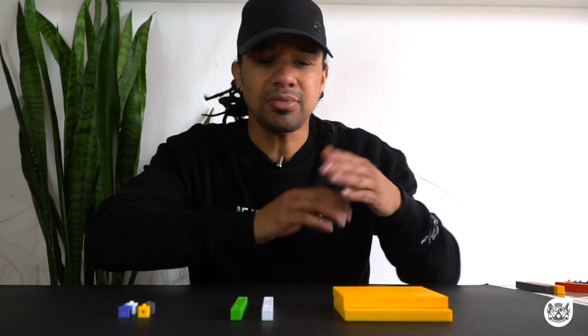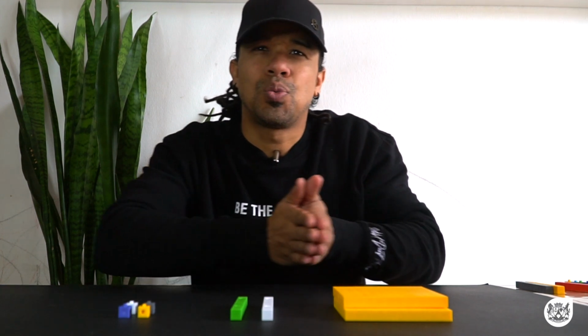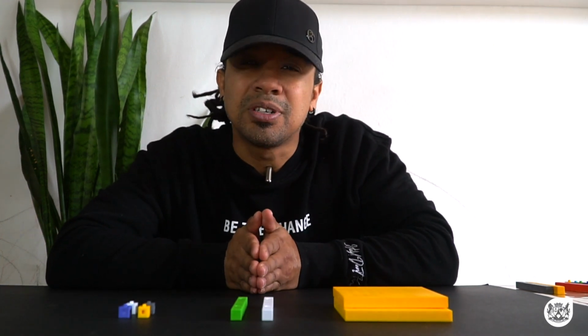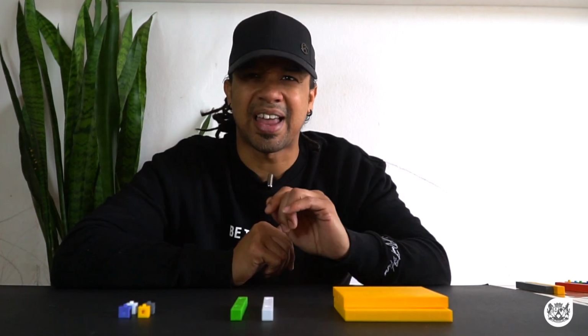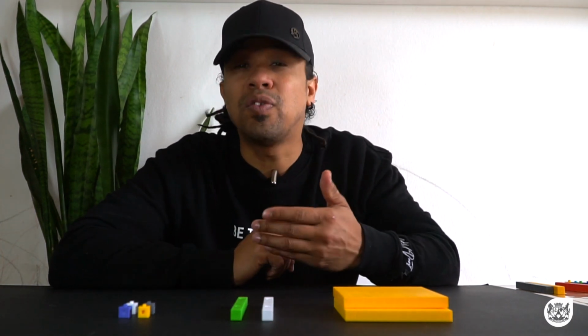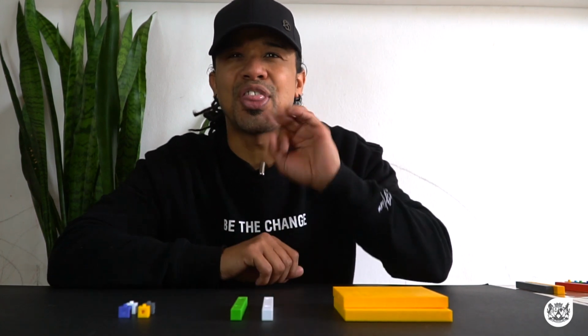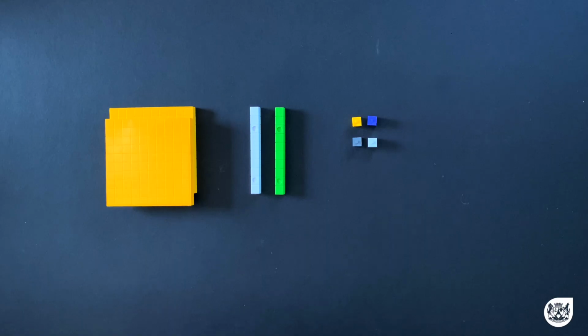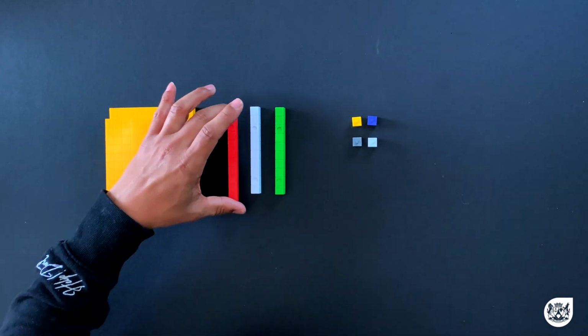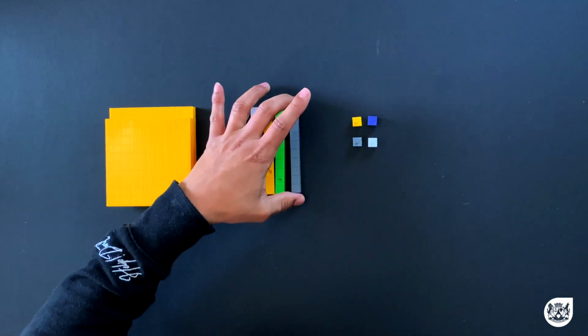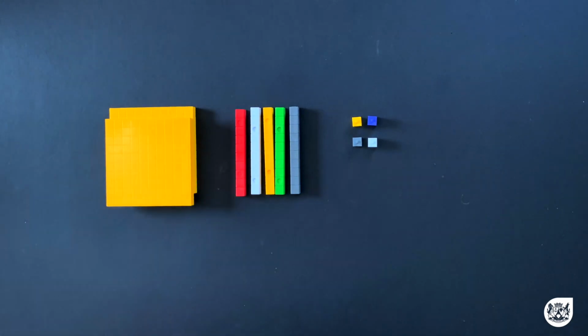Okay, so now we've got 224. Now after we added the hundreds, we move over to the tens place, and we're going to add the tens in the number 139, and that's 30. And the equivalent of 30 using the base 10 blocks is 3 tens rods. So let's add that. We've got 1 ten, another ten, and a third ten.